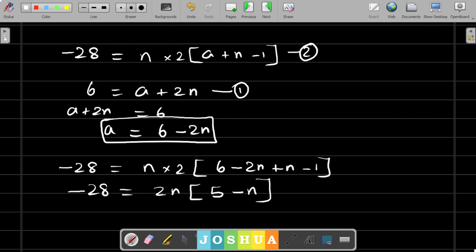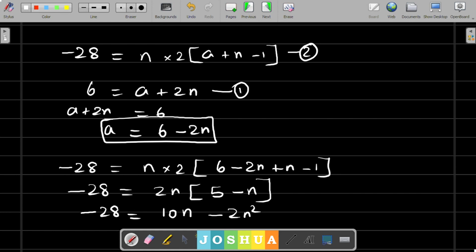Now we expand this one. 2n into 5 is equal to 10n, and 2n into minus 2n equal to minus 2n square, that is equal to minus 28.